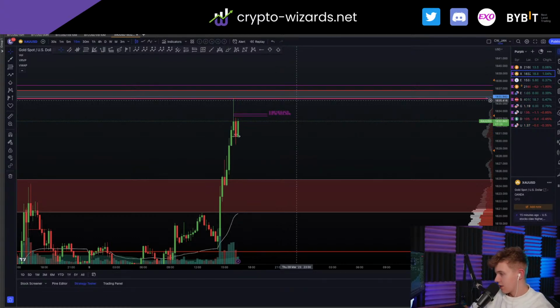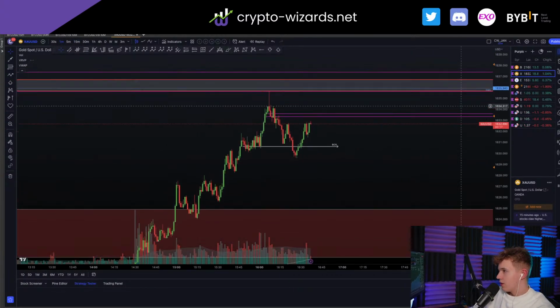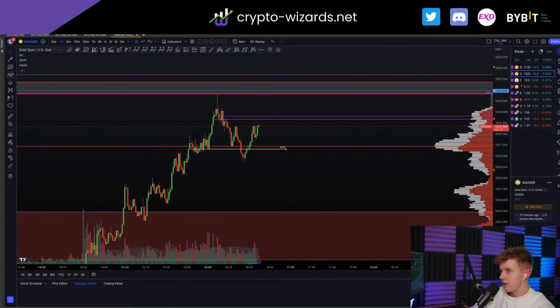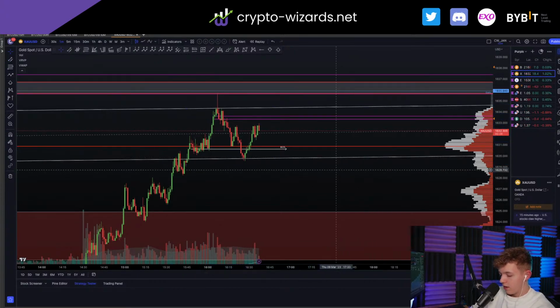But it starts to look interesting on gold. Can potentially form the range. The range can be formed. Like the 1834 is gonna be a nice entry, I would say, for this trade. Still a little bit higher.